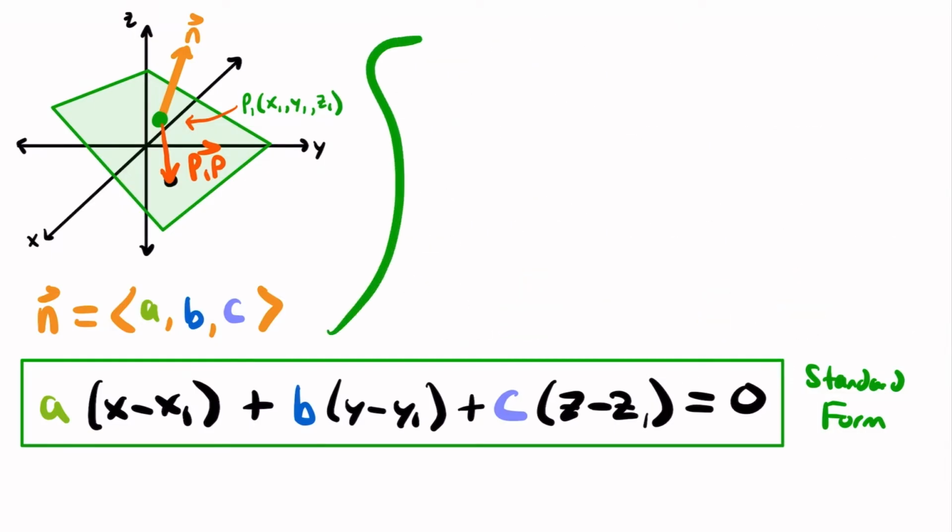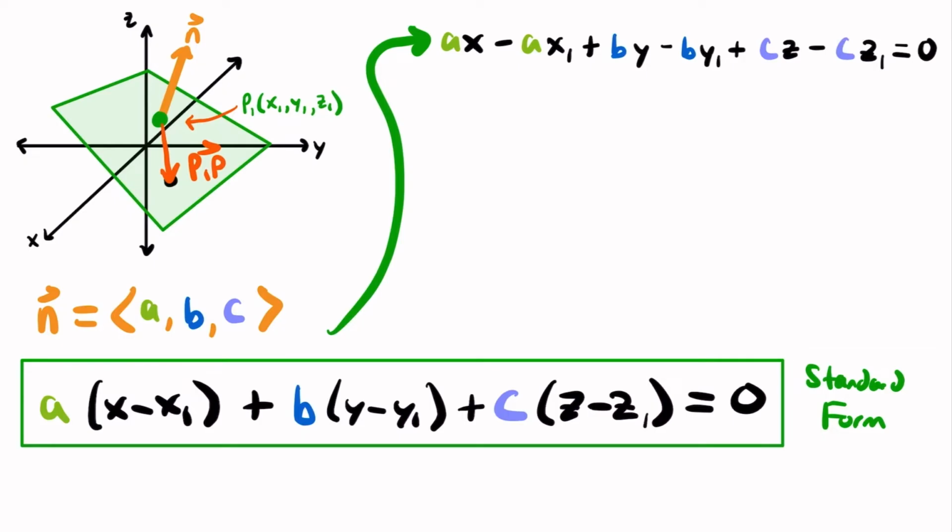If we work with this equation up here and rewrite it after distributing A through this quantity, B through this quantity, and C through this quantity, we will have A times x minus A times x1, then we will have plus B times y minus B times y1, and then plus C times z minus C times z1, and that is equal to 0.